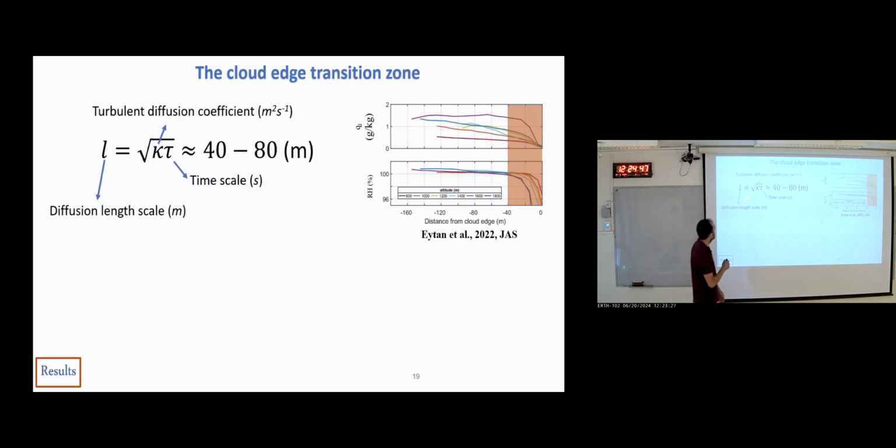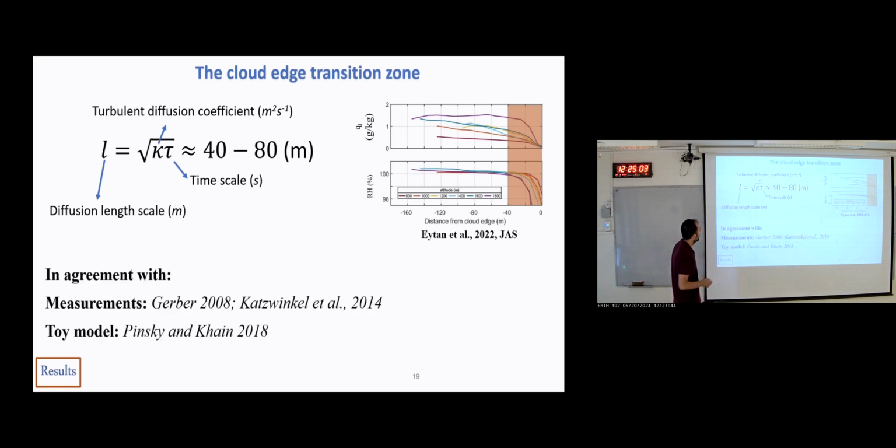Interestingly, because we have the 3D information of the flow, we could also calculate the diffusion coefficient and estimate the diffusion length scale, which comes up pretty close to what we found and call the transition zone.